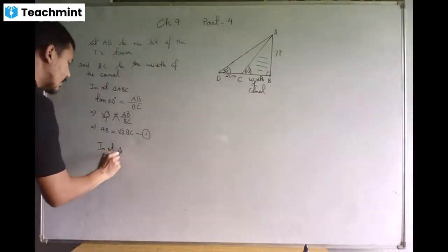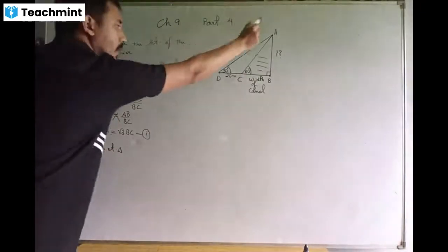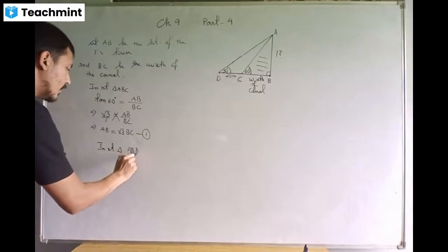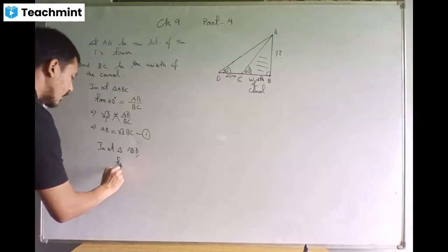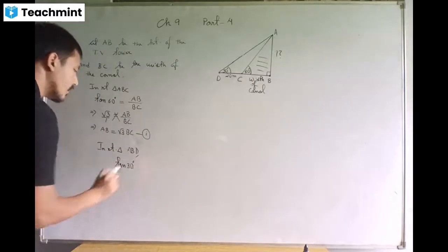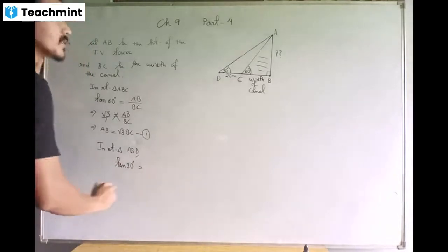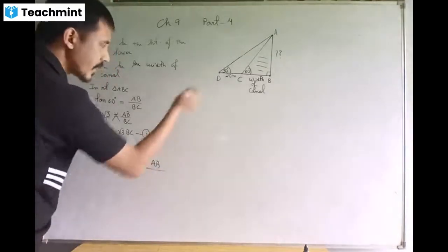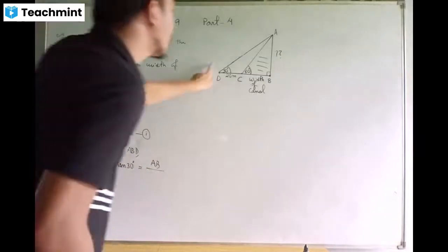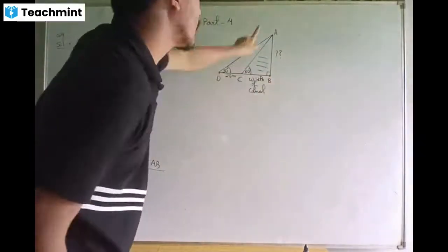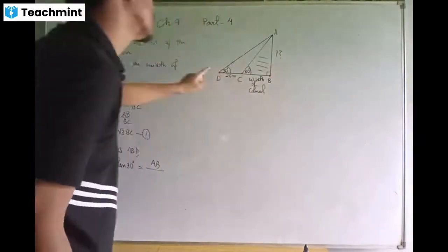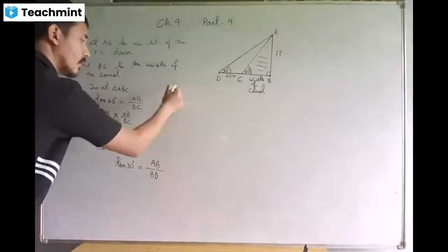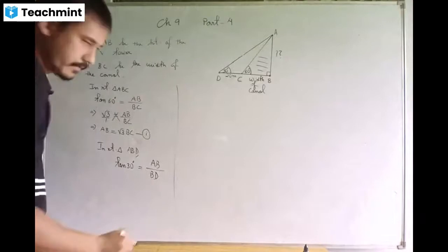In the right triangle, the whole triangle ABD, tan theta, theta is 30 degrees. Tan theta means opposite side, which is AB, upon the adjacent side. For the bigger right triangle, for this whole triangle, BD is your adjacent side. So BD. Correct? All right.